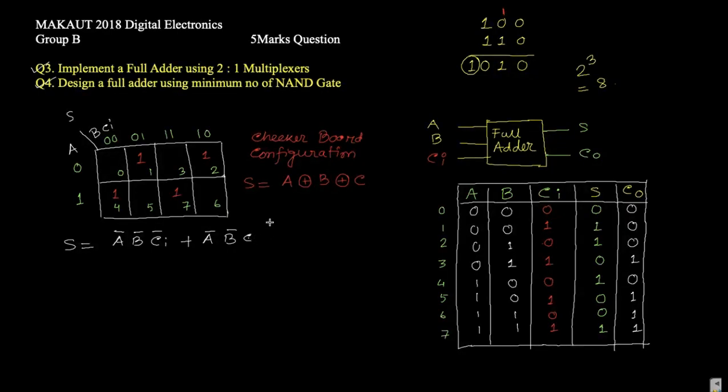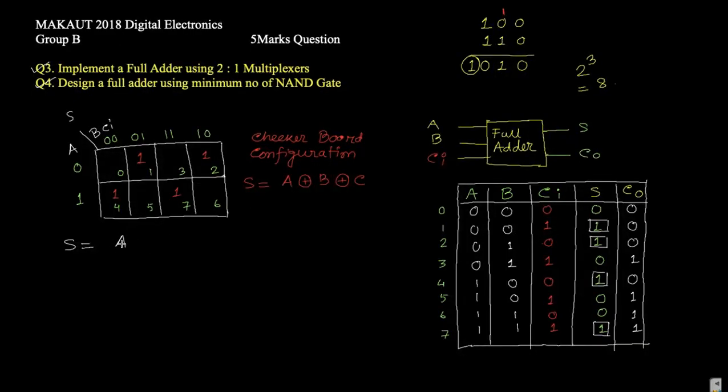Sorry, this is for S, we are calculating S. So S is in this position, that is 1, 2, 4 and 7. That means we get 4 expressions. For 1, it is A bar, B bar, Ci.